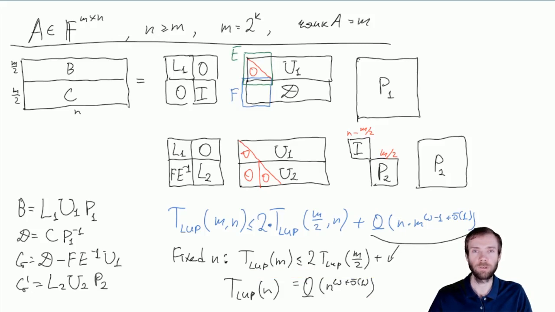And this scheme of computing LUP decomposition recursively works in an arbitrary field, which allows us then, as we know, to compute inverse matrices over arbitrary fields and solve systems of linear equations and compute determinants as fast as just multiplying two matrices by the asymptotics of time complexity.